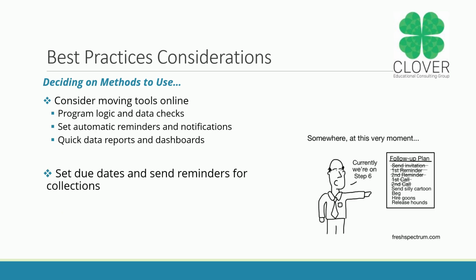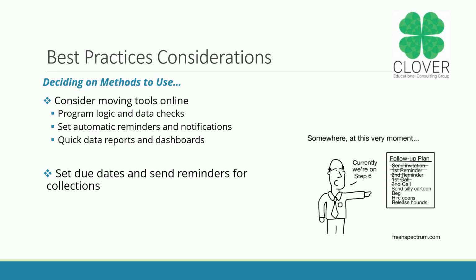Additional best practices around deciding on which methods to use includes considering moving all your tools from more traditional methods of collection to online. This can include using tools such as SurveyMonkey, Smartsheets, Google Forms, Qualtrics. There are so many other platforms that you can choose from to collect your data.